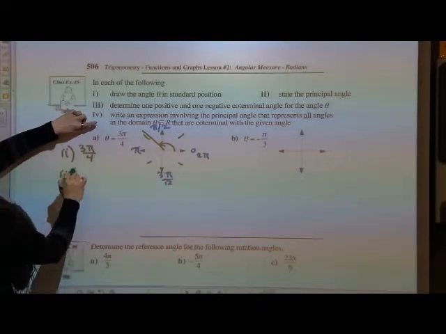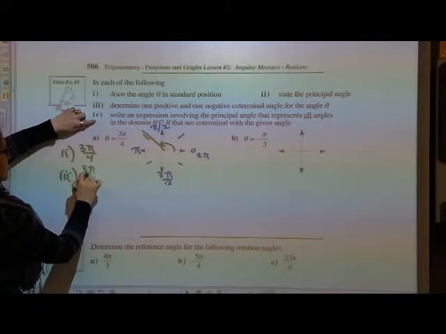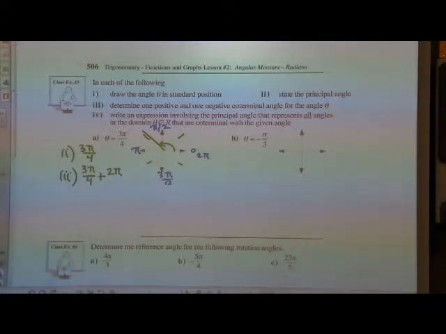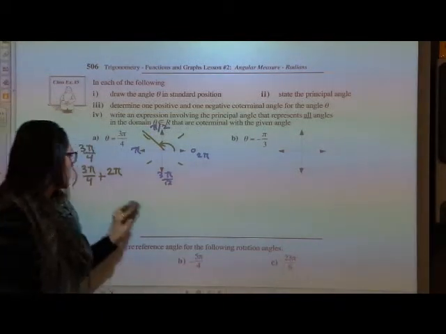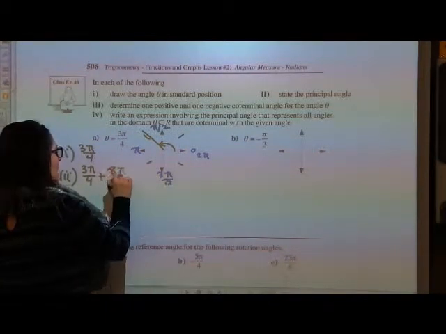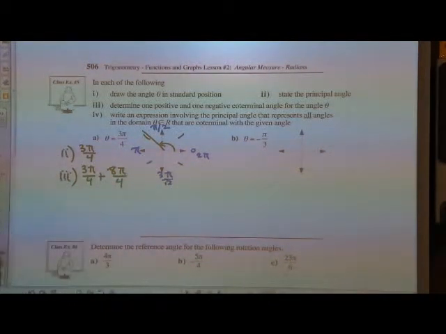So I take my given angle and I add a multiple of 2 pi. How many quarters are there in 2 pi? 8. So instead of writing 2 pi, I could write 8 pi over 4, because I need common denominators to add my fractions.